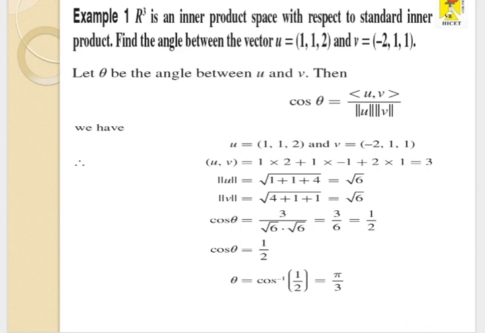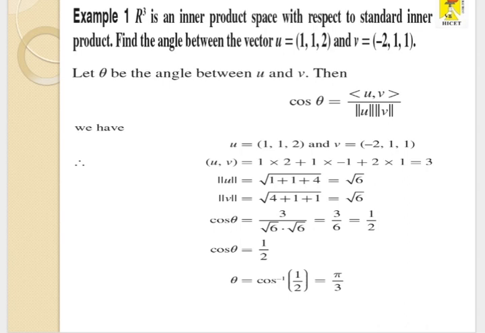Now we know the formula cos theta equal to inner product u comma v divided by norm u norm v. Now we know how to find the inner product: we multiply 1 into minus 2 plus 1 into 1 plus 2 into 1. So the value is 1.